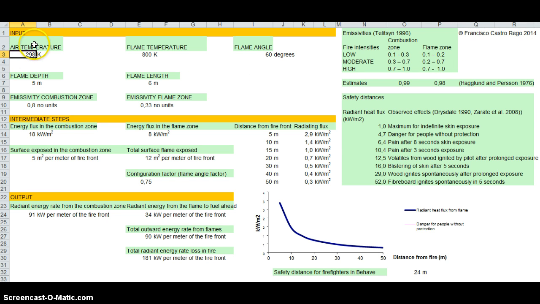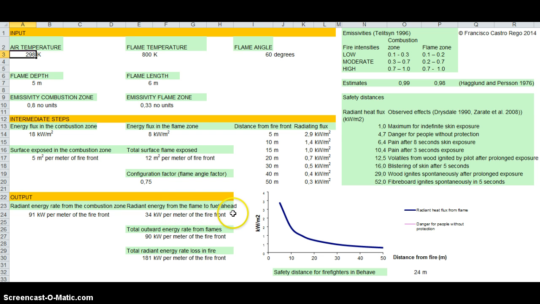The inputs are air temperature, flame depth, emissivity of the combustion zone, flame temperature, flame length, emissivity of the flame zone, and flame angle.